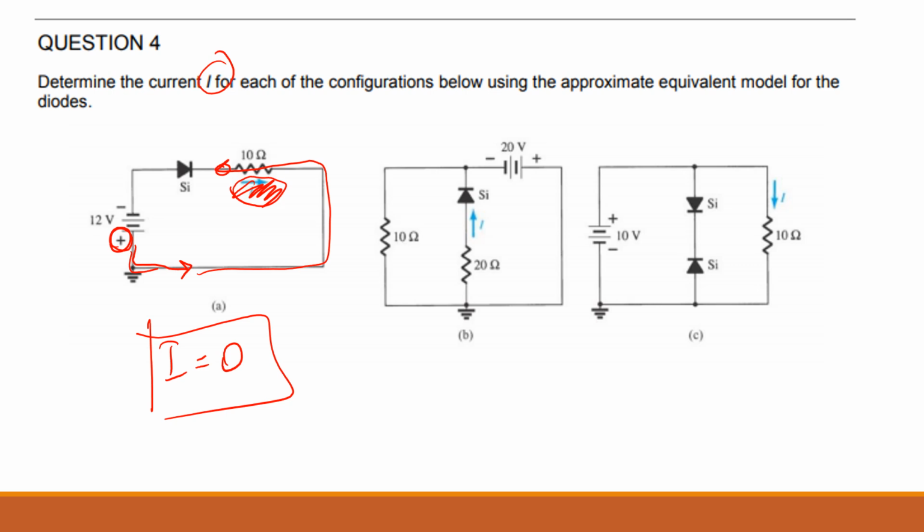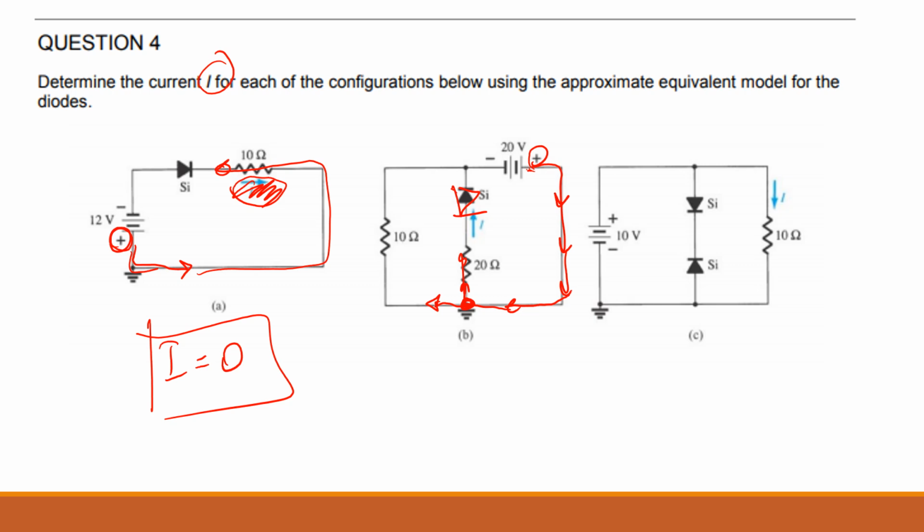Okay, so how about the second one? If there is a current, it should come out from this side and go all the way up to here. Am I right? When it comes to here, it can split, but only if your diode is in the forward bias. Is the diode forward bias now? Yes, so the current is splitting. In case you have it the other way, the current is not going through that middle branch.